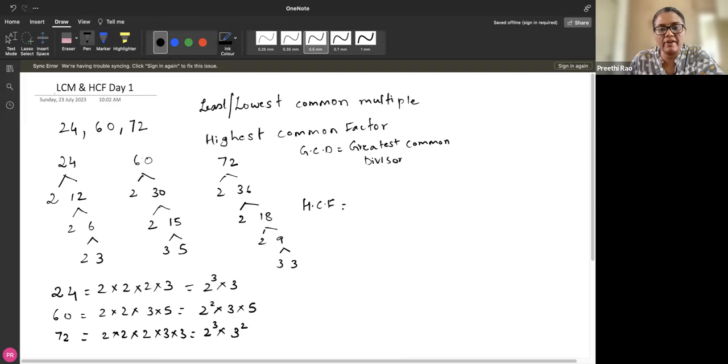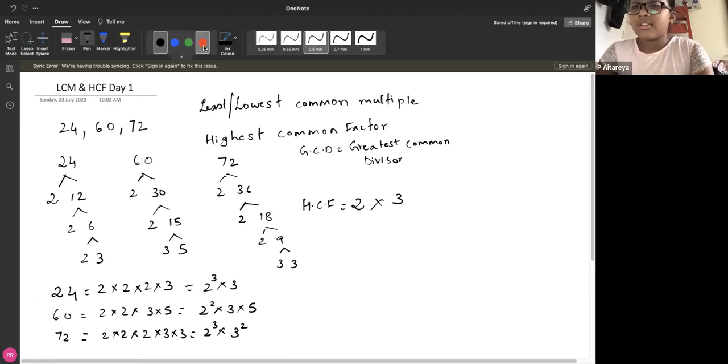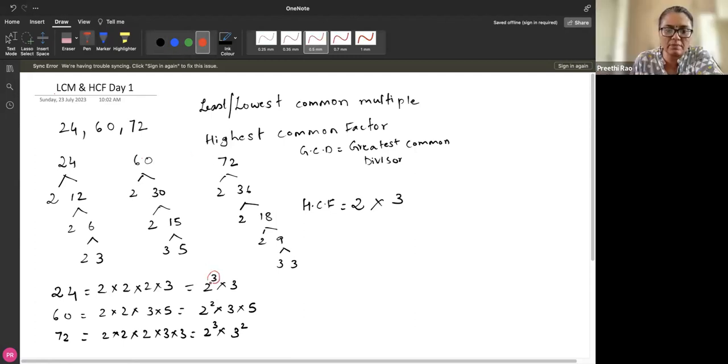So what are the prime factors of these numbers? We have 2, 3, and 5. But for HCF, we will write only the prime factors that are common for all three numbers. So the common prime factors are 2 and 3. And then we will choose the exponent which is the lowest. For 2, I have 3 as an exponent and 2 as an exponent.